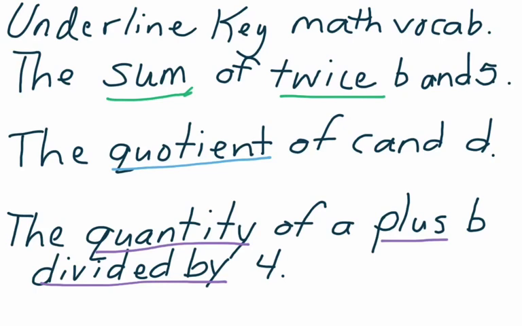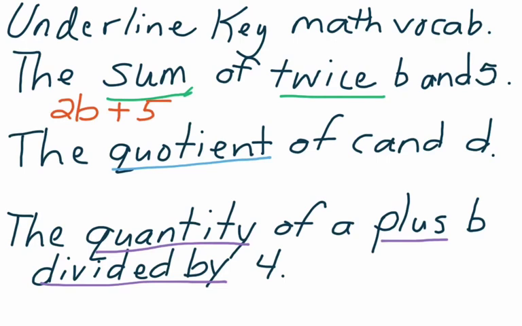So we are going to write an expression. Okay, so who wants to try to give me an expression that we could write for this? Okay, so we're going to write 2b, because twice b, and we have the word sum, which means addition, plus 5. Or you could have done 5 plus 2b.